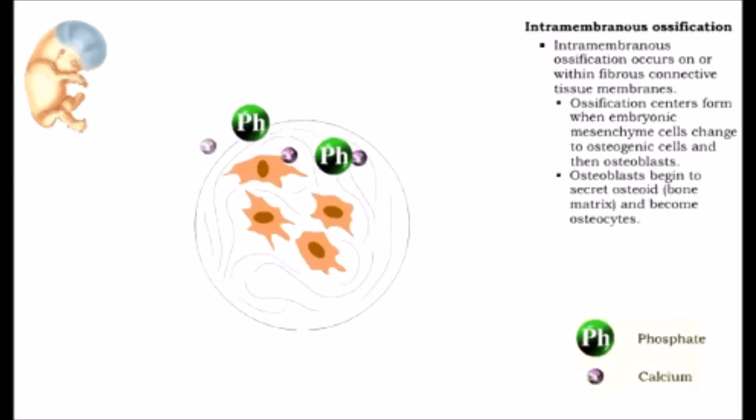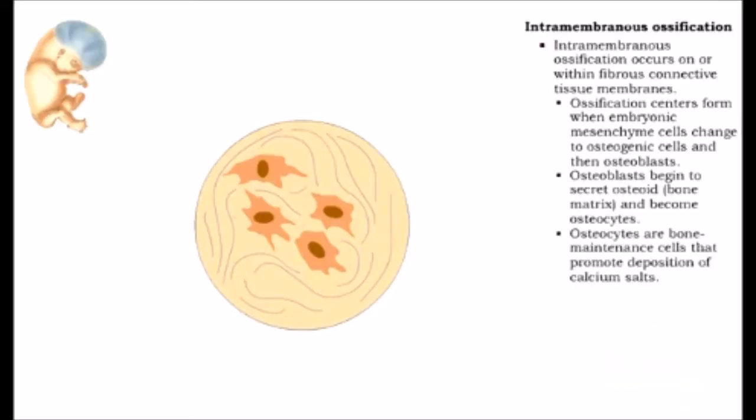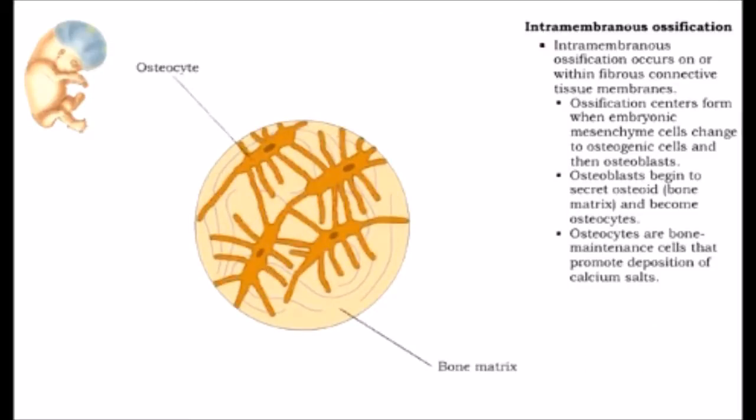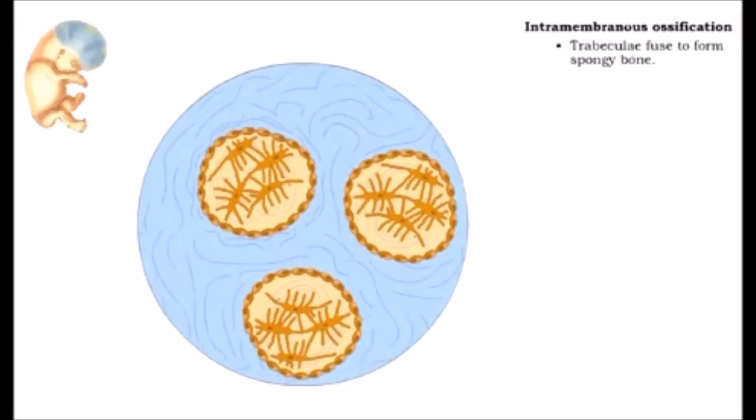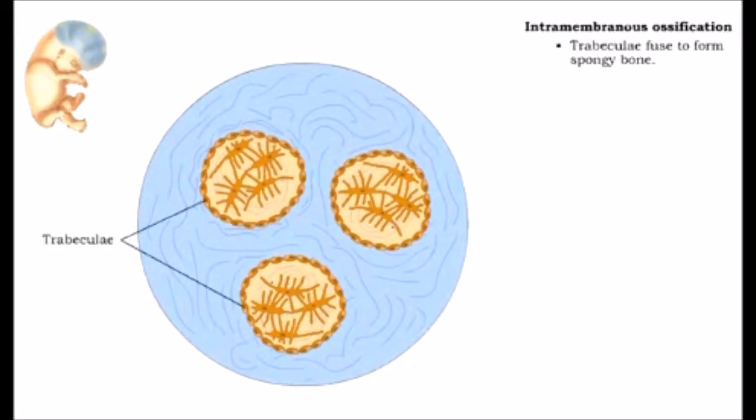Over a few days, osteoblasts become osteocytes, and calcium and other mineral salts are laid down, hardening the matrix. The bone matrix develops thin columns of bone called trabeculae, which fuse to form spongy bone.